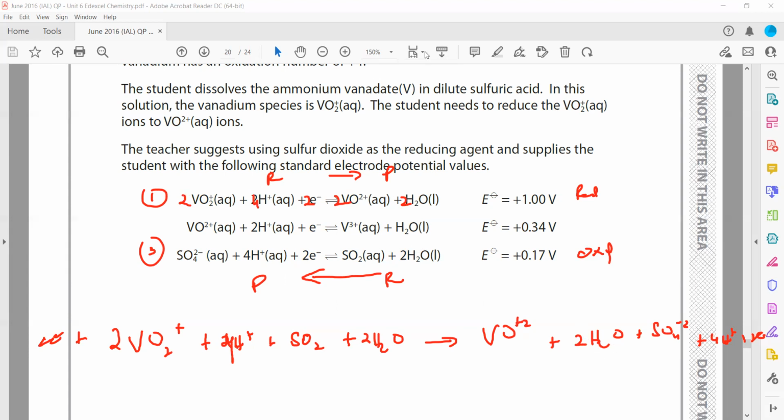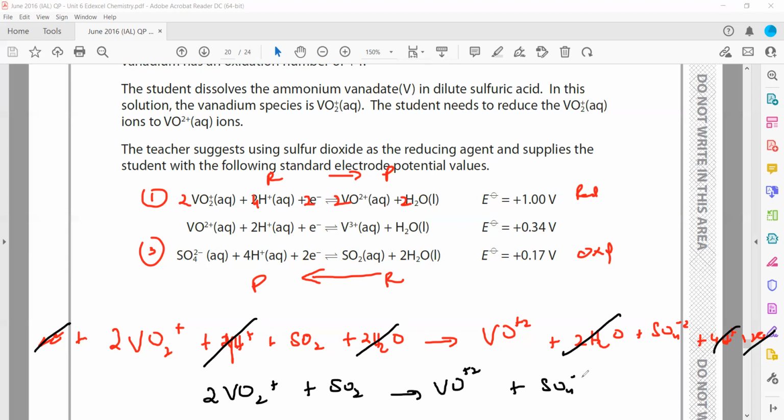Then we cancel out the common species: H2O, 4H+, 4H+, 2 electrons, 2 electrons. What are we left with? We are left with 2VO2+ plus sulfur dioxide gives 2VO2+ plus SO4 2-. This is the balanced equation for the reaction in which vanadium 5 converts to vanadium 4.